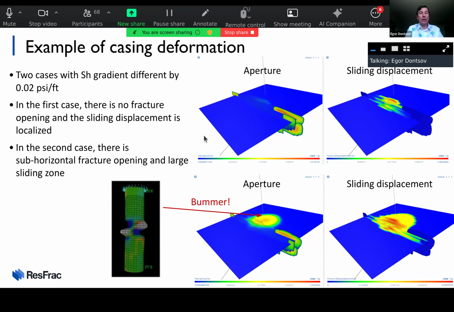On the left we see aperture, and on the right sliding displacement, and then here again aperture and sliding displacement. What happens is that with just a very small change of minimum stress, here we have very contained sliding displacement because there is no opening. We don't open this bedding interface.